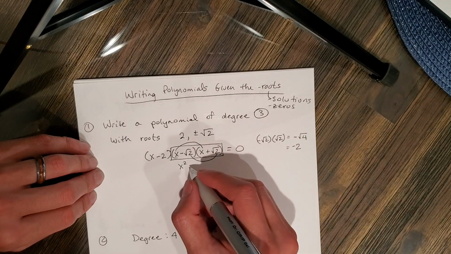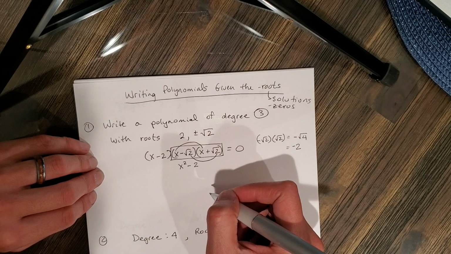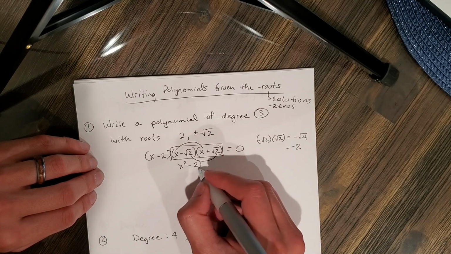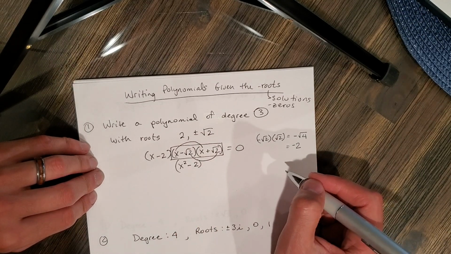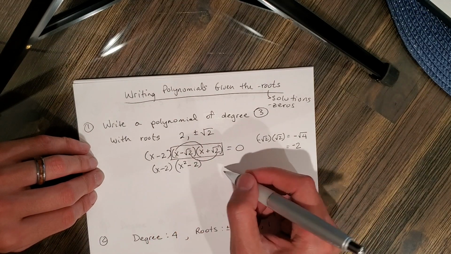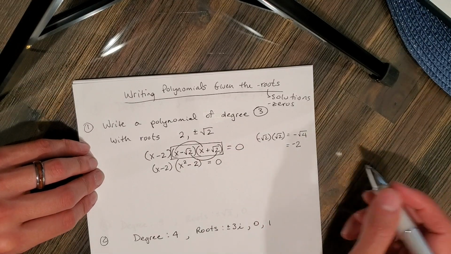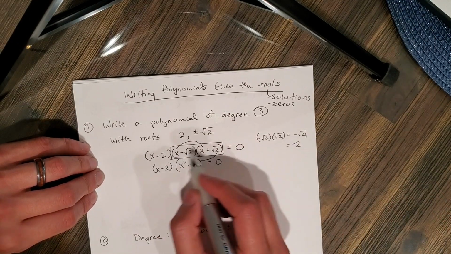Okay? And so this becomes negative 2. And so what I'm going to write here is x squared minus 2. Over here, I just bring down the x minus 2, and then I get equals 0 here. Okay? So notice I just simplified the conjugates here.